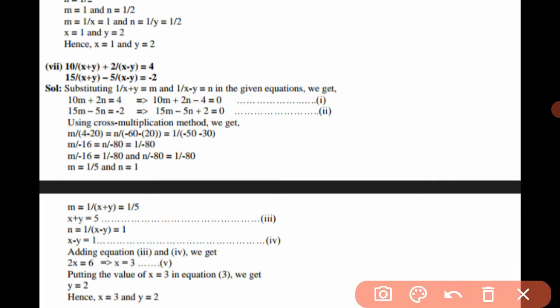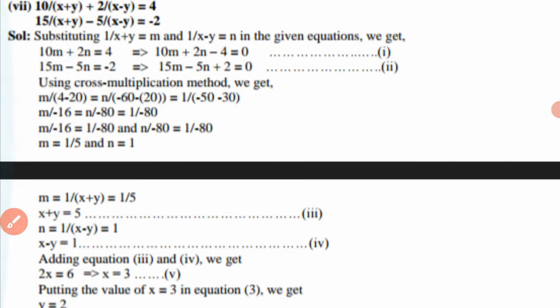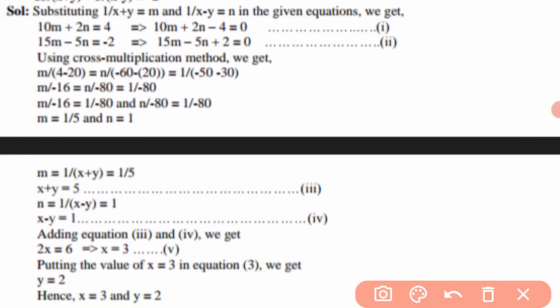Now by applying the values in the above equations, the first equation will become 10m plus 2n minus 4 equals 0, and the second equation will become 15m minus 5n plus 2 equals 0. Now using the cross multiplication method, or you can also apply any other method, first we will find the values of m and n. So the value of m will be 1 upon 5 and n will be equal to 1.